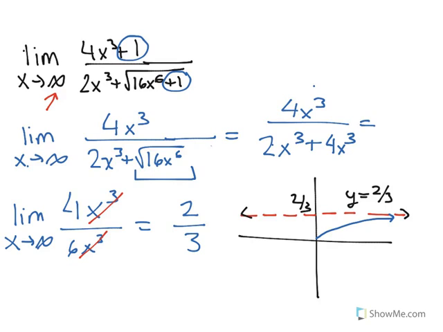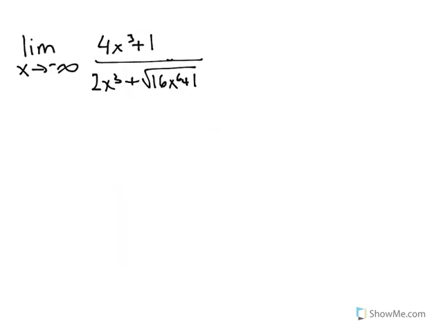Alright, so now we'll go on to our next one. It's the same thing, but we're taking the limit as x approaches negative infinity instead. Now we have one small change, but pretty much everything else is the same, because we can still discard the plus 1s. If it was plus any constant, or any term that has a smaller degree than x cubed, like x squared or 2x, we can discard it.